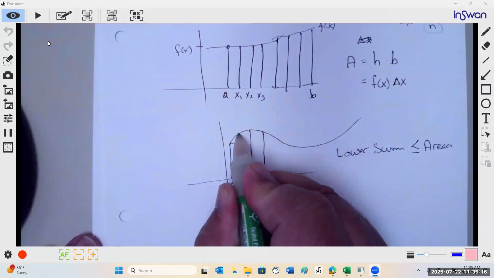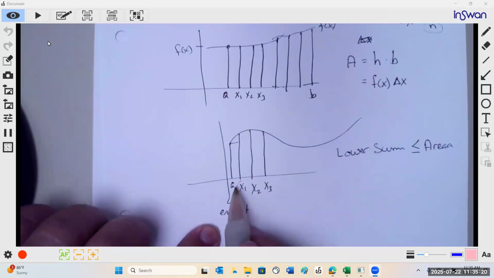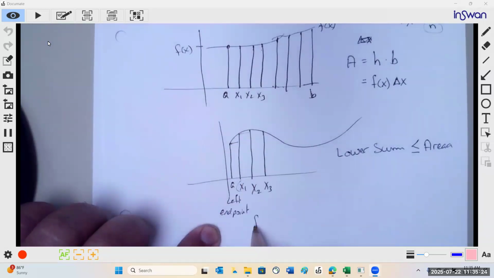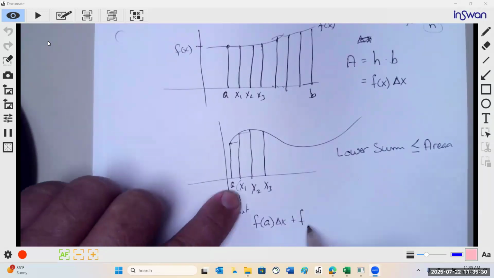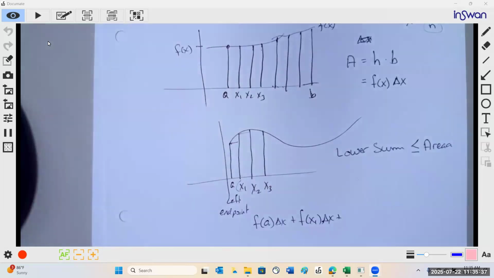In this example, since we're using the left endpoints, our input would be a in the first one times delta x, plus x1 times delta x, plus, so we're always using the left endpoint. And that's going to give us a lower sum.